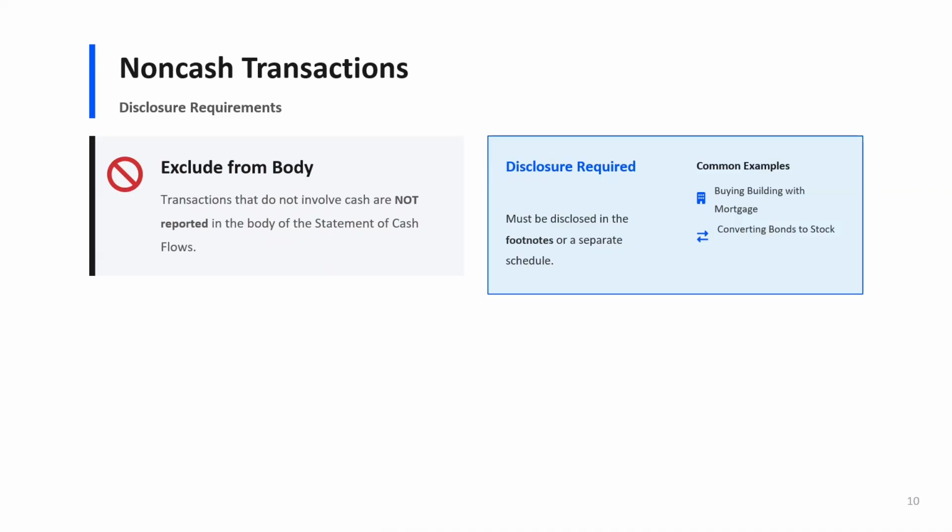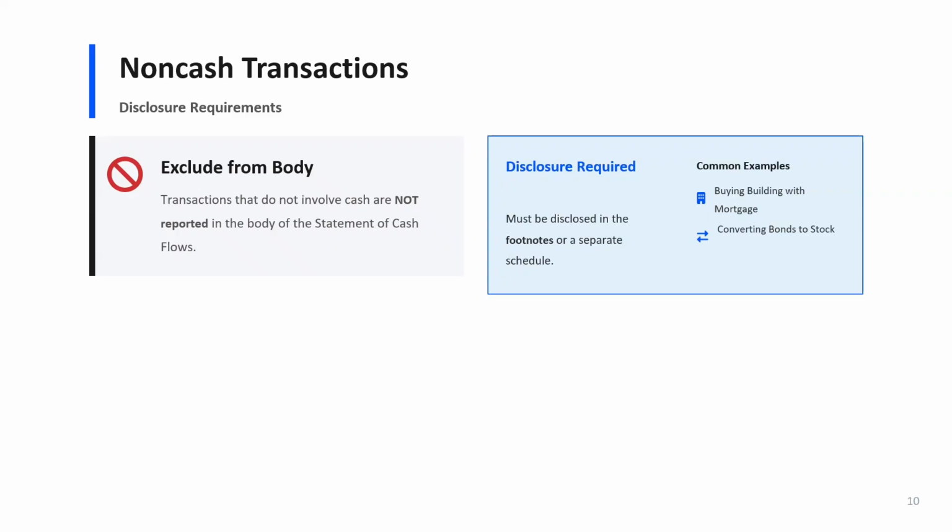Some significant investing and financing activities don't involve cash at all. These non-cash transactions are important, but they are not reported in the main body of the statement of cash flows. Instead, they must be disclosed separately, usually in the footnotes or a supplemental schedule. Common examples include buying a building with a mortgage or converting bonds into stock.